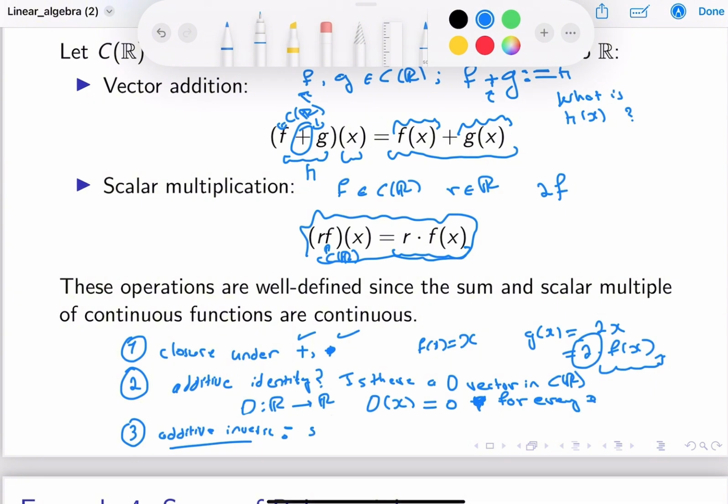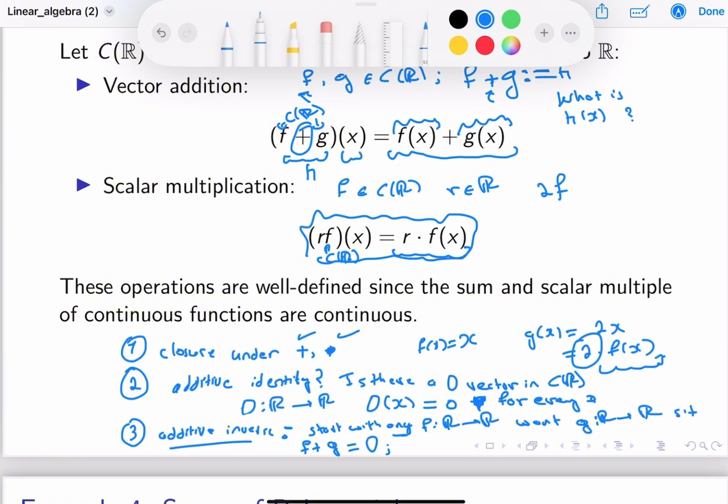We start with any function f from R to R, and we want an inverse to f, meaning we want a function g such that when we add f to g, we get the 0 function.